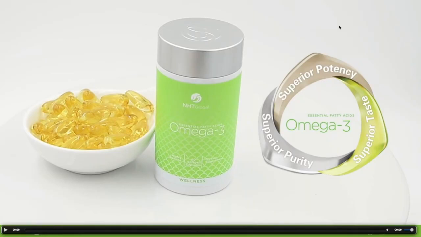So it's the purity of the oil with the natural flavoring system that provides a wonderful natural aroma and taste, as well as aspects for repeat use, so people don't belch fish oil, which would be gross, according to my son.